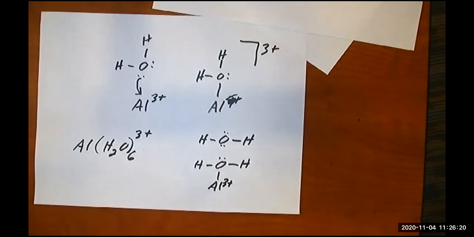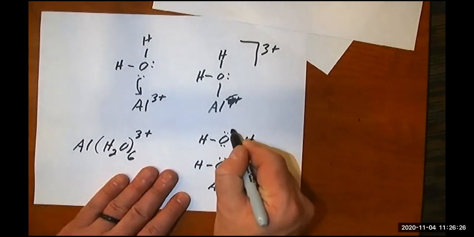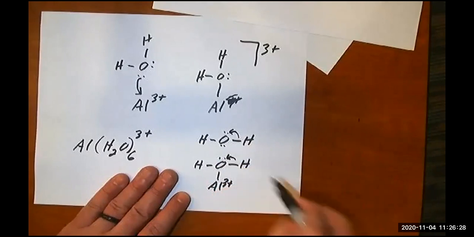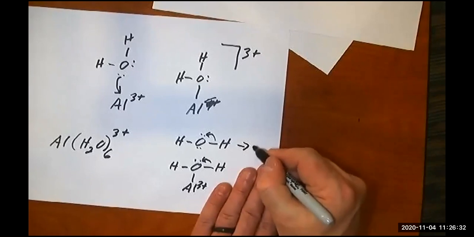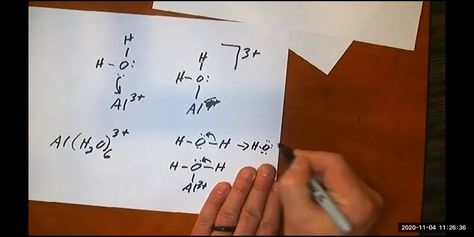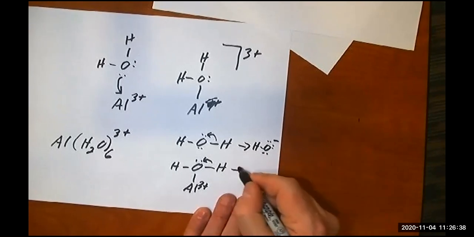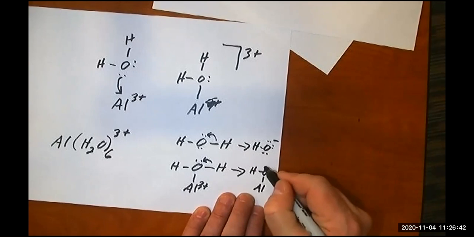In both cases, when these act as acids, these electrons get pulled back onto the oxygen, resulting in the top case in an HO minus, in the bottom case in an HOAl.